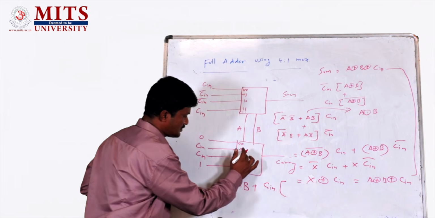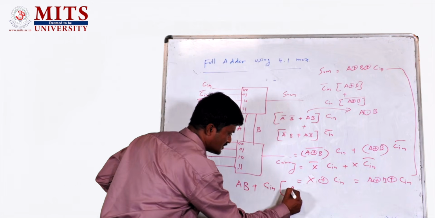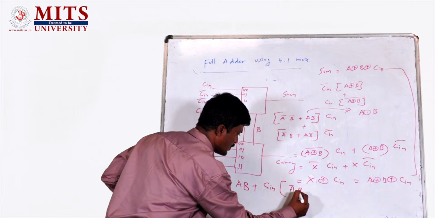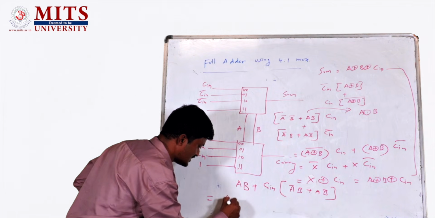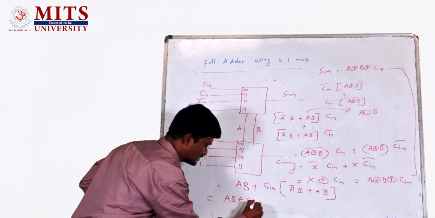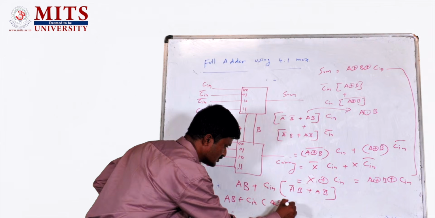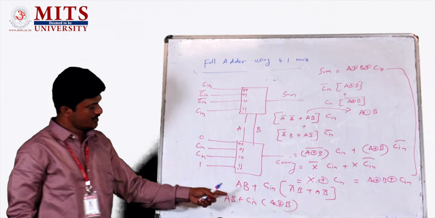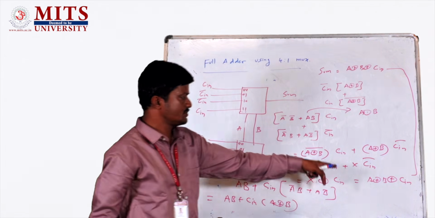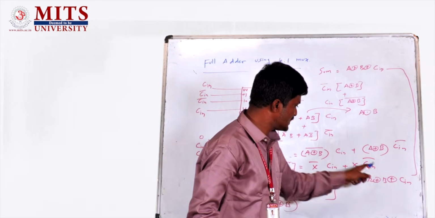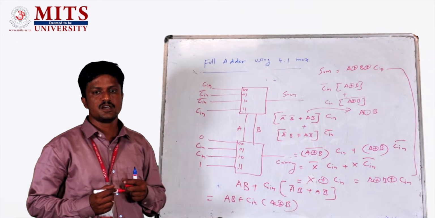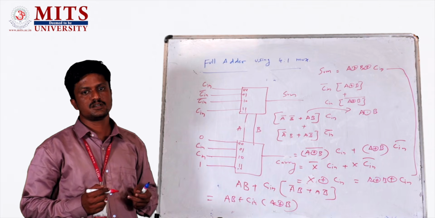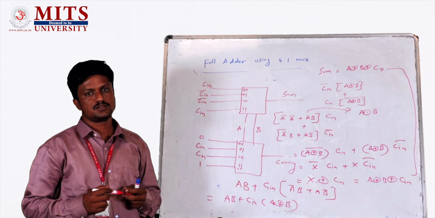For 0 1 and 1 0, we know that it will be written as A bar B plus A B bar. So the carry is AB plus Cn into A exclusive-OR B. This is our required carry expression and this is the required sum expression. So it meets the design. This is how to realize full adder using 4 to 1 mux.